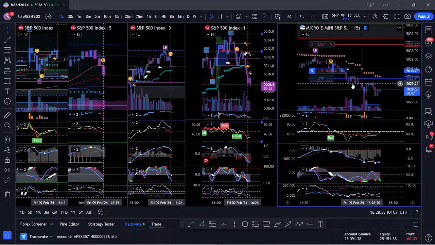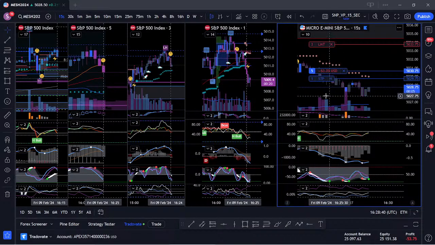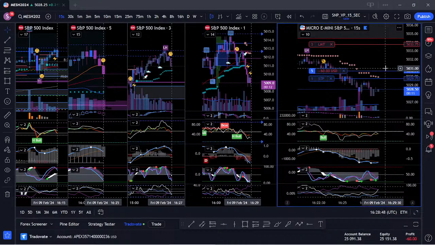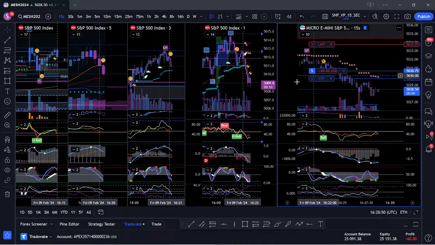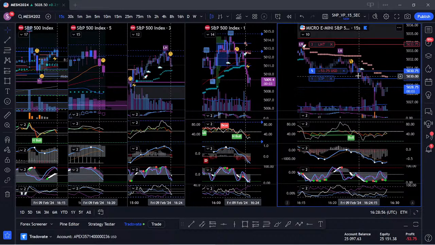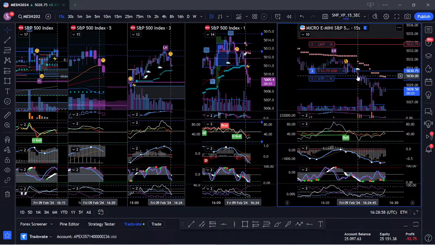If this is changing, okay, this is sellers. This is sellers. This is sellers. Now, if this passes this area, that means they're gonna explode a little. Okay, so this is sellers. So the selling started from here.